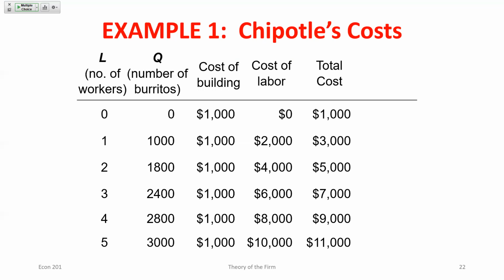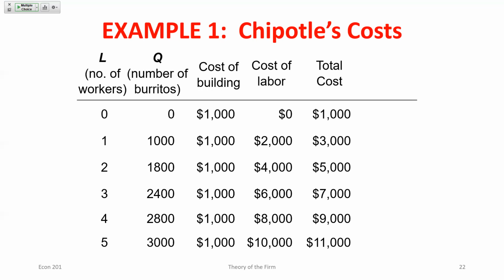So if I'm thinking about those first 1,000 burritos, what would the marginal cost be? Well, my change in total cost was $2,000, divided by my change in output, which is 1,000. So the marginal cost for those first 1,000 burritos would be 2,000 over 1,000, so 2. Then what about getting to 1,800?